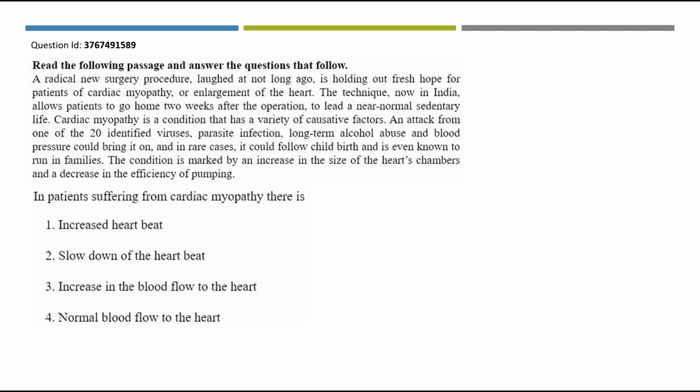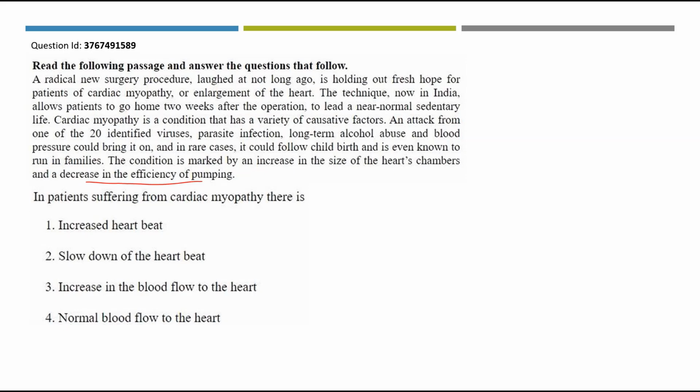Next question. In patients suffering from cardiac myopathy, there is increased heartbeat, slowdown of the heartbeat, increase in the blood flow to the heart, normal blood flow to the heart. Just look at the last statement. The condition is marked by an increase in the size of the heart's chambers and a decrease in the efficiency of pumping.